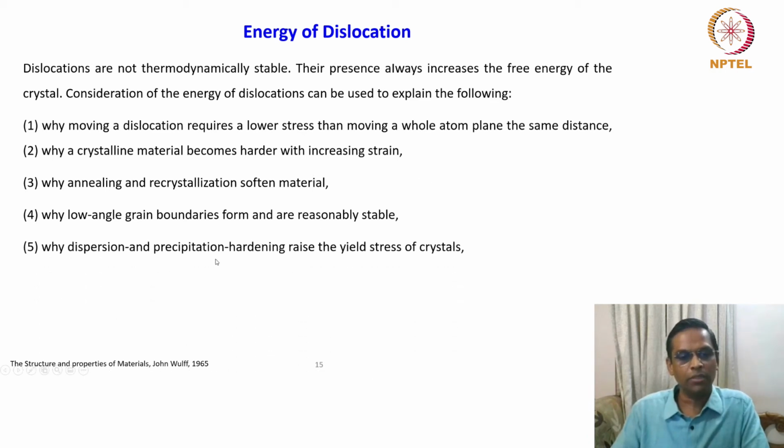And why do dispersion and precipitation hardening raise the yield stress of crystals? This is another important aspect, very useful in strengthening mechanisms, real material development and heat treatment. Dispersion and precipitation hardening have a close connection with the dislocation and its energy.